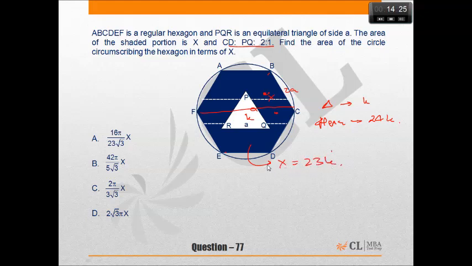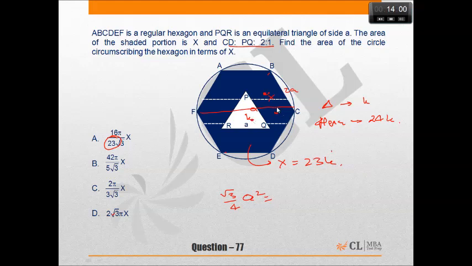Find the area of the circle. It should be more than 23K. I have a 23 out here. Can this be the answer? Okay, in any case, let me check it further. If this is 23K, and what is root 3 by 4? Root 3 by 4 into a square will be equal to this one.